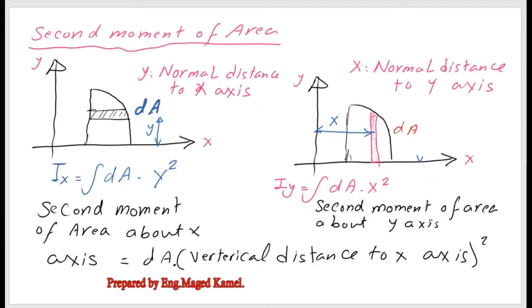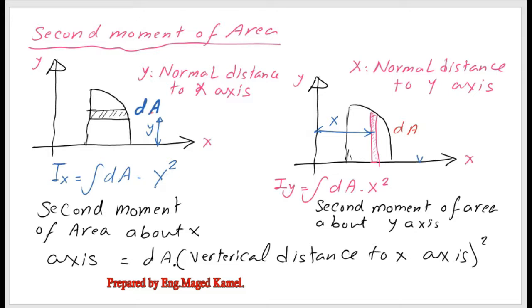How we are going to perform our estimation for the second moment of inertia. We are going to draw the x and y axes, and for example, if we have an area in this shape, we are going to introduce a strip, and we call that strip area dA.